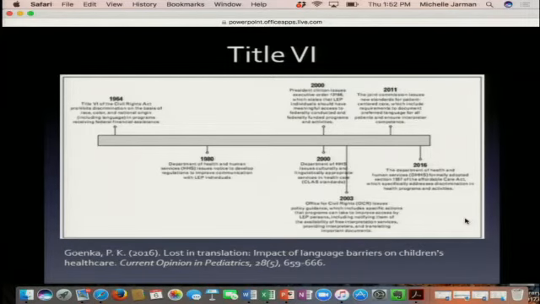And another thing that Section 1557 gave was that health providers have to offer qualified versus competent interpreters. This means that individuals would have to be certified or licensed or really qualified within the state that they're working to be able to interpret, and not just competent.